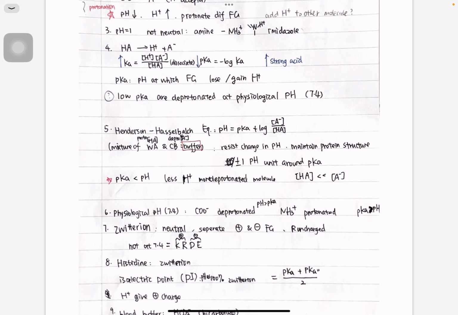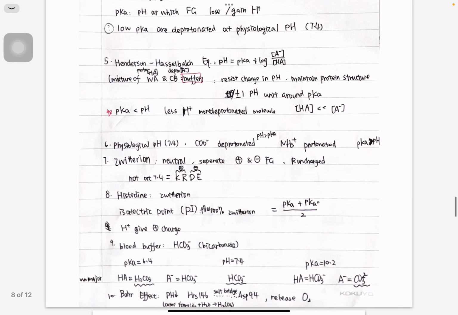So low pKa groups are protonated at physiological pH. Because pH equal to 7.4 is not that low, so there are so many protons in it, so we want to deprotonate it.